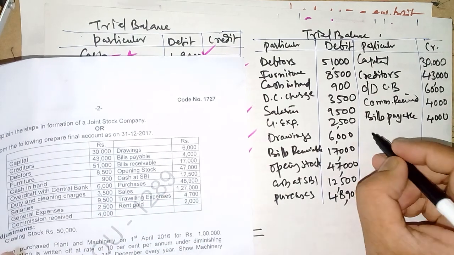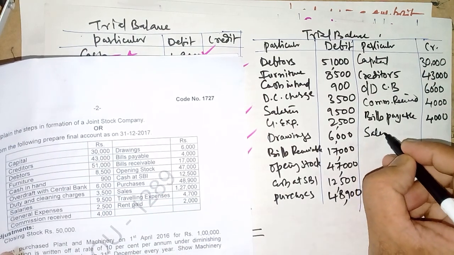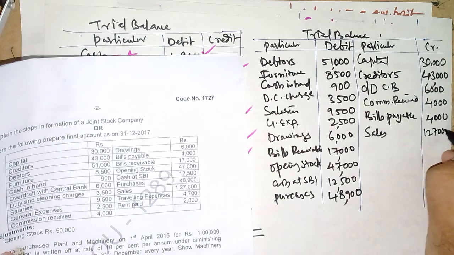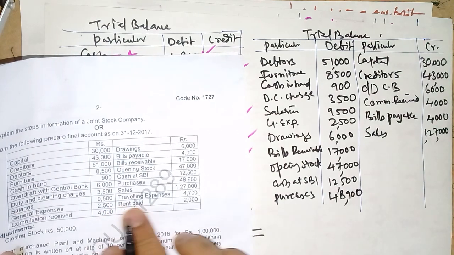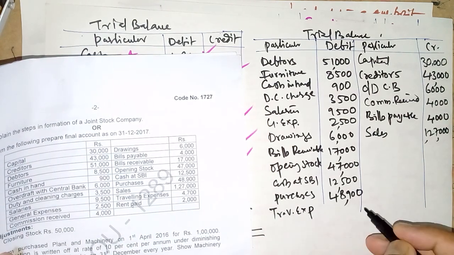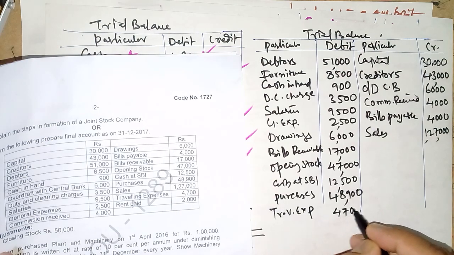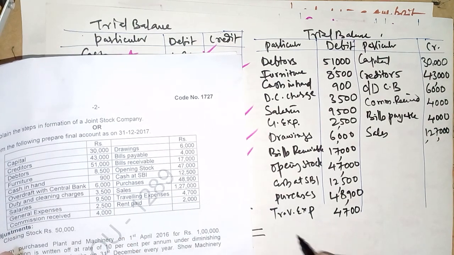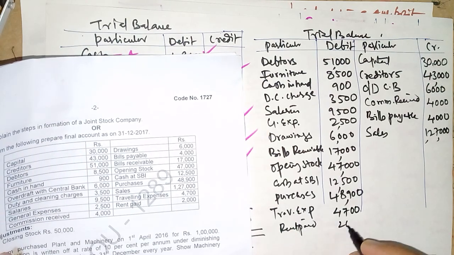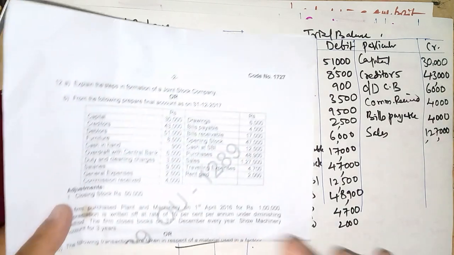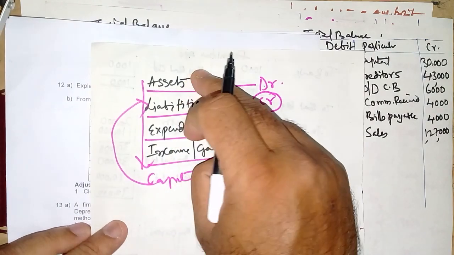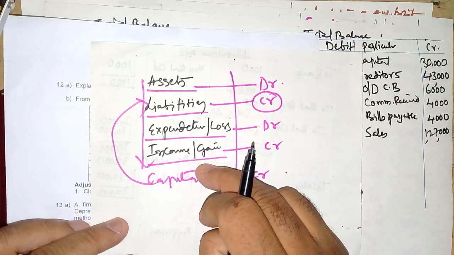Then sales is revenue, income, always a credit balance, 1,27,000. Traveling expenses, an expenditure, always a debit balance, 4,700. Rent paid, an expenditure, debit balance, 2,000. So we have recorded these transactions based on the segregation of assets, liabilities, expenditure and income.